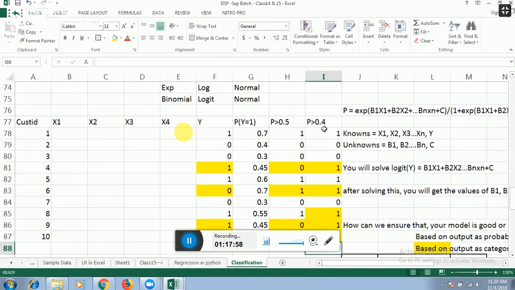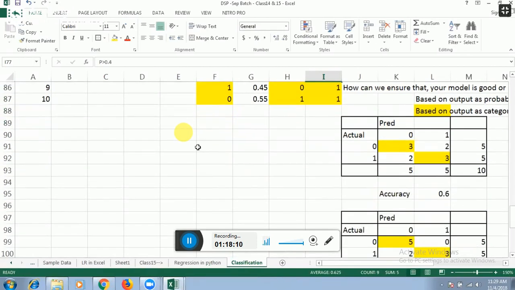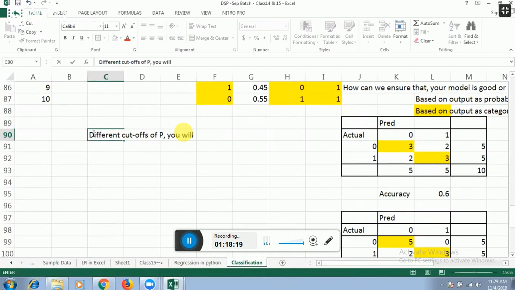End of the day, I will get a different table over here. If I get a different table, my sensitivity will be different, my specificity also different. So that means for different cutoffs of P, you will get different values of sensitivity and specificity.